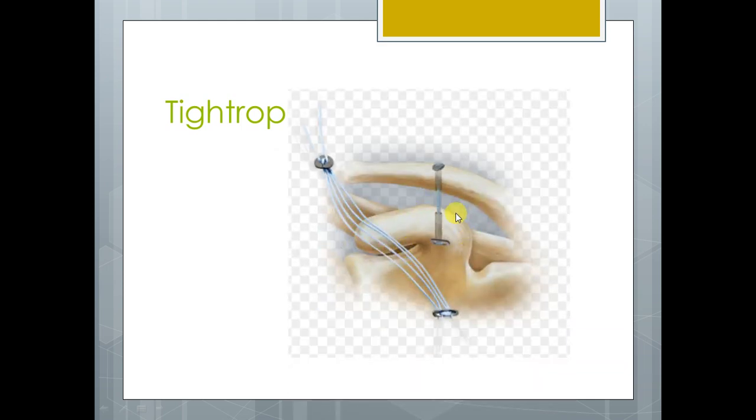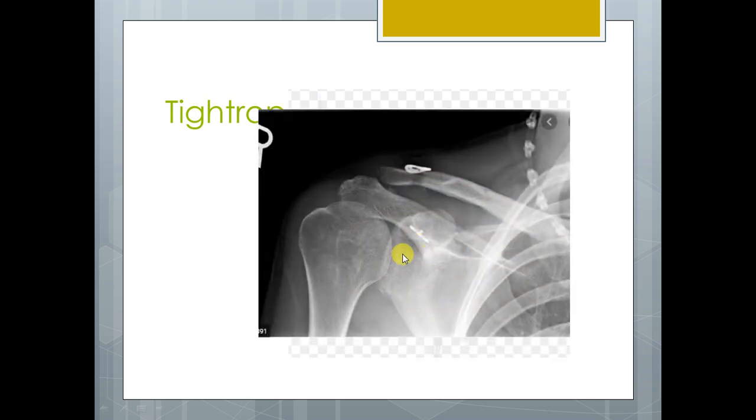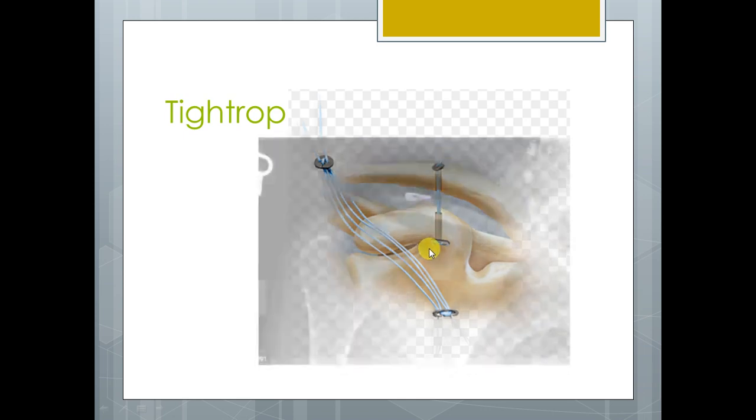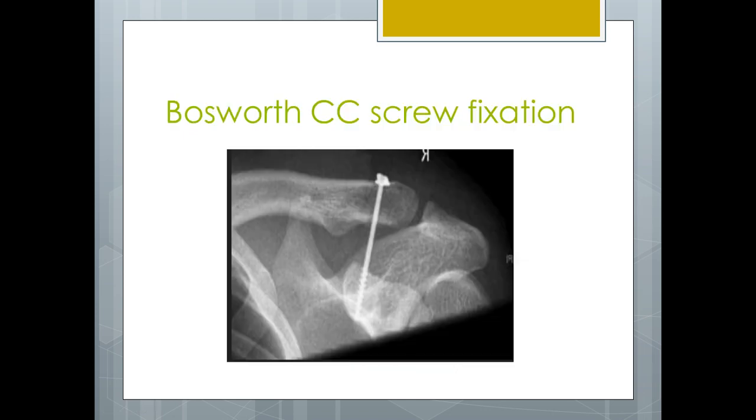And the controversy between arthroscopic or open is due to the associated intra-articular lesion, which makes arthroscopic fixation more favorable. This is the radiological appearance. He passes it longitudinally here, then withdraws the string and it becomes horizontal, so it is locked below. This is the radiological appearance.